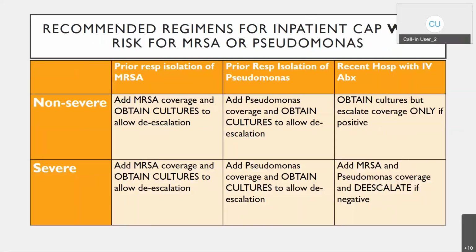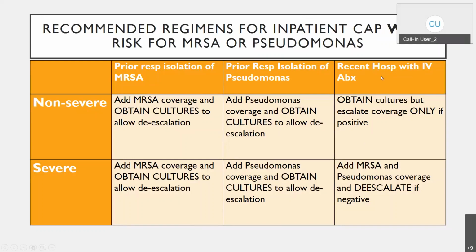So for patients who do have risk for MRSA or Pseudomonas, it depends on if they have non-severe or severe pneumonia. And the difference is if they have prior isolation of that pathogen, you'll add coverage and then de-escalate if the cultures are negative.